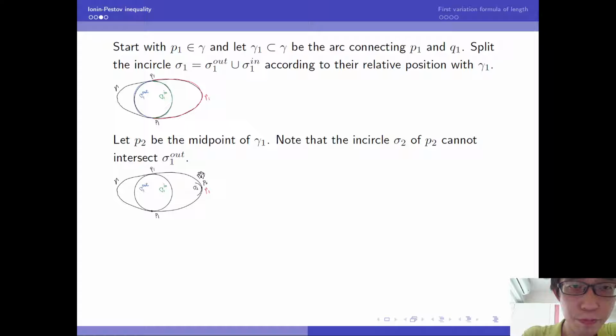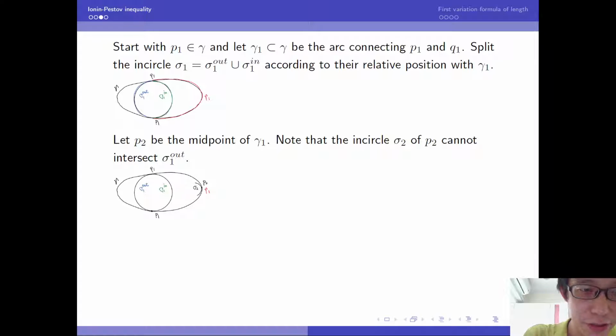And let P2 be the midpoint of gamma 1. And the crucial observation is that the incircle sigma 2 of P2 cannot intersect sigma 1 out. To see this, assume that sigma 2 intersects sigma 1 out.